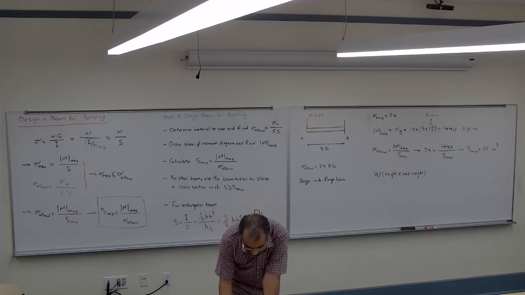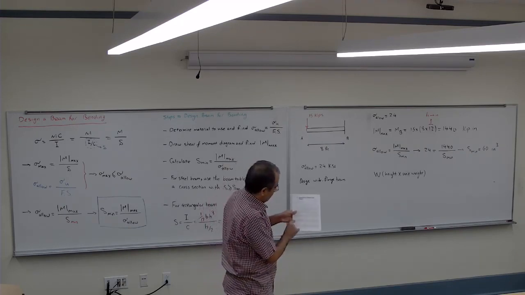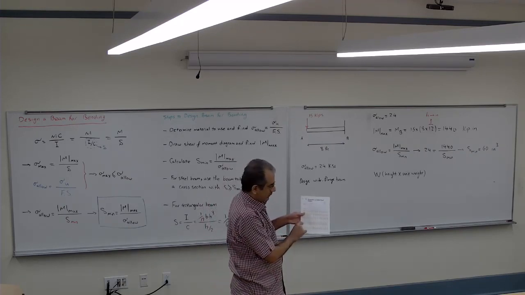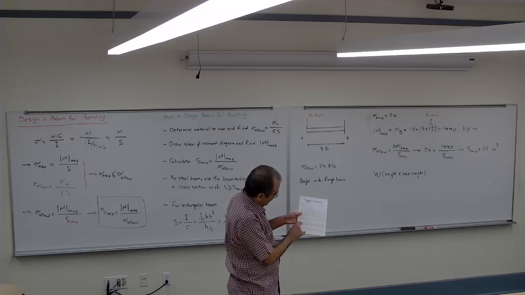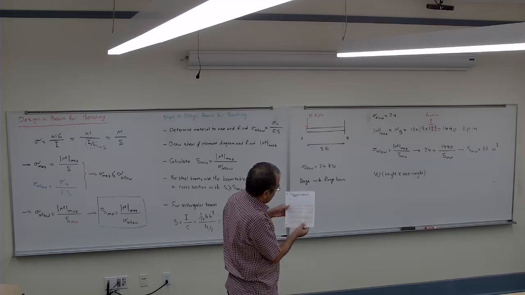Go ahead and find the W 16 by 40. Yeah, look at here, it's a W 16, and then multiplied by 40. So if you go and find the S for 16 by 40, how much is the S for that?